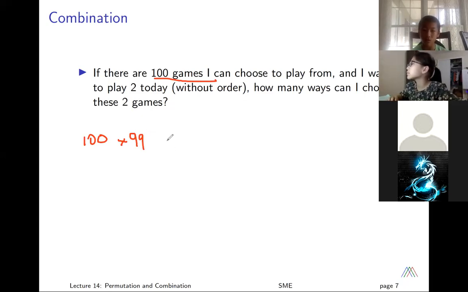For combinations, if you choose, let's say, Minecraft, and then Among Us, that would be the same thing as if you chose Among Us first, and then Minecraft. So you have to keep that in mind. It's not just this, it's actually this divided by 2.